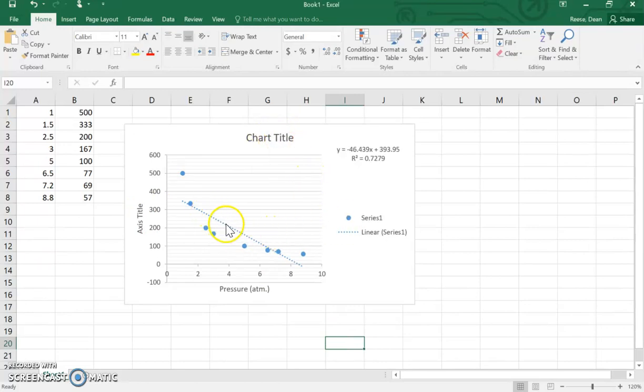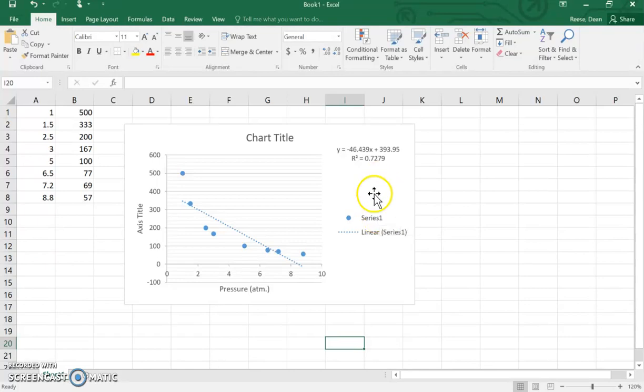But let's talk a little bit about this trend line. This trend line doesn't fit our data, first of all. Our data has a curve to it. Our trend line is linear, and you should be familiar with slope-intercept form, so y equals mx plus b. So literally, this equation means y, which is the volume, is equal to this number times whatever pressure in atmospheres we put in, we could put 1 in, plus 393.95.